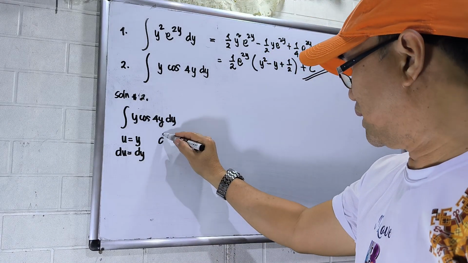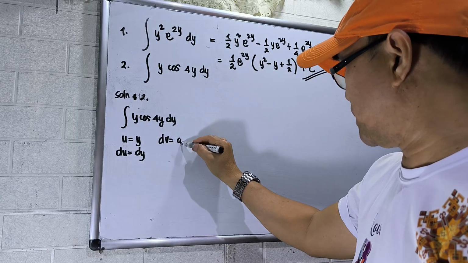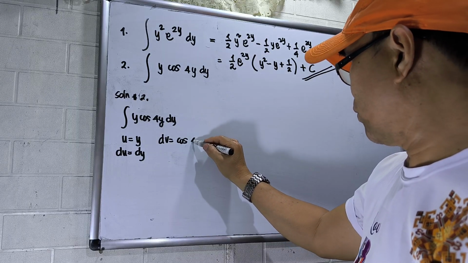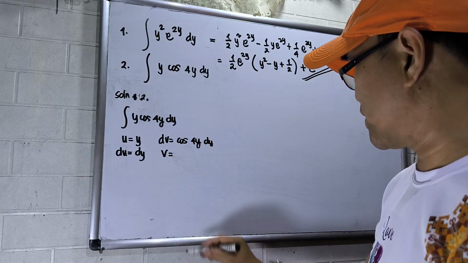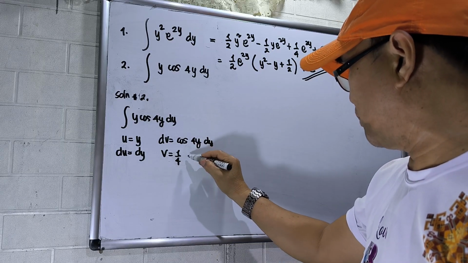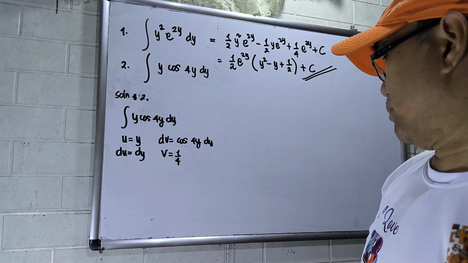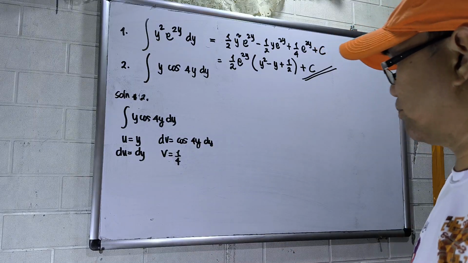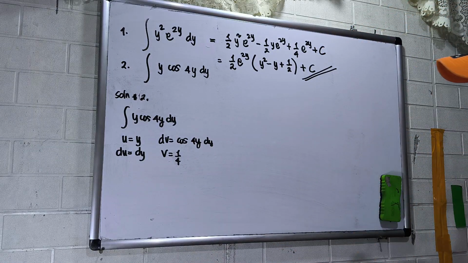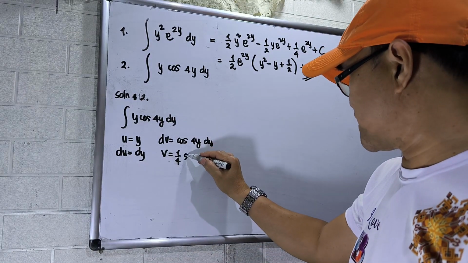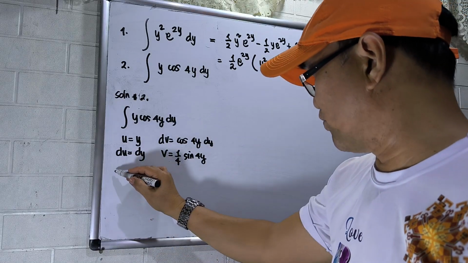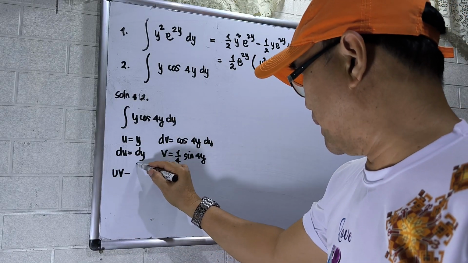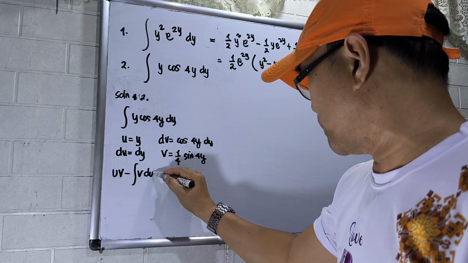Then dv is cosine 4y dy. So integrate both sides. So this will be 1 over 4, the integral of cosine will be positive sine 4y. Okay? So the formula will be uv minus integral v du.